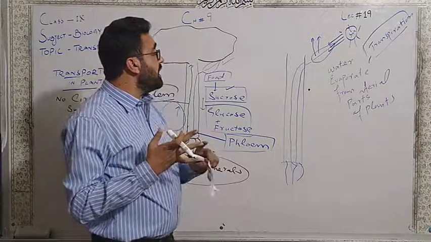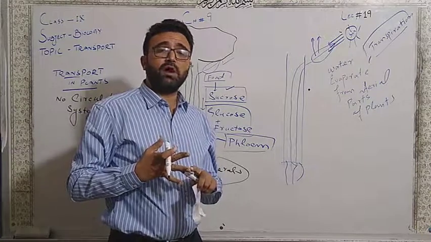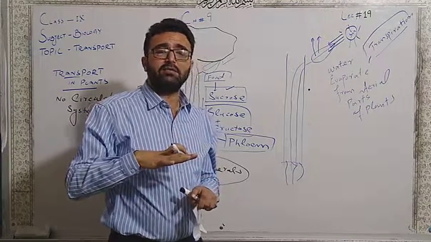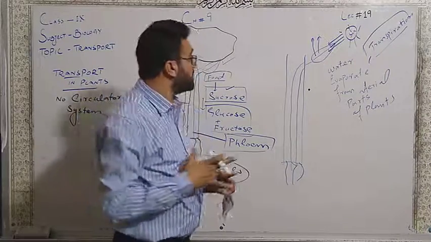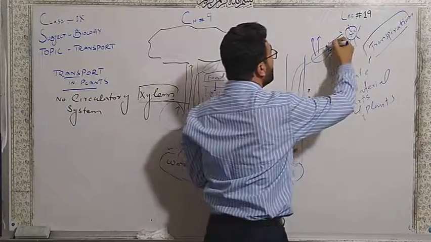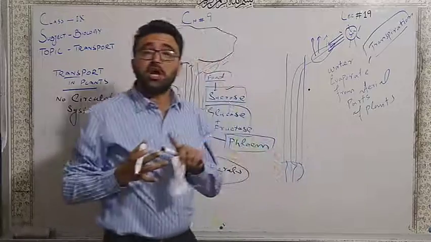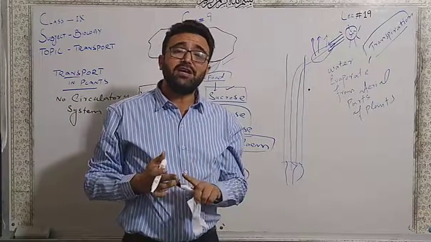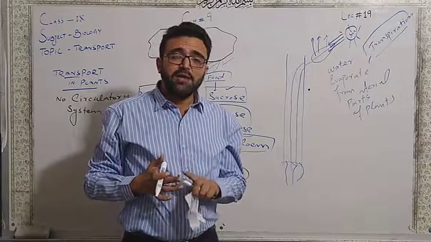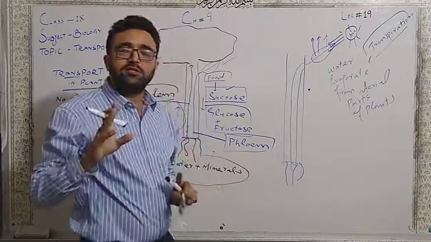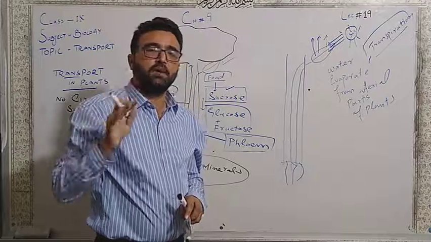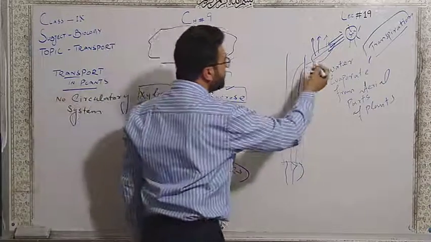When water evaporates from any non-living surface, this is called evaporation. If it is evaporating from plants, this is called transpiration, and if it is evaporating from an animal's body, this is called perspiration. So these three terms you need to keep in mind. Now come to the topic.